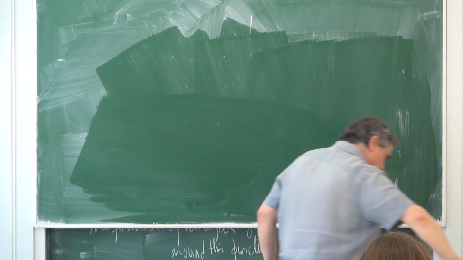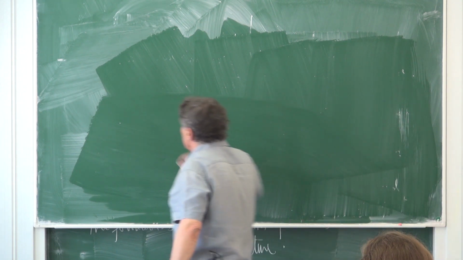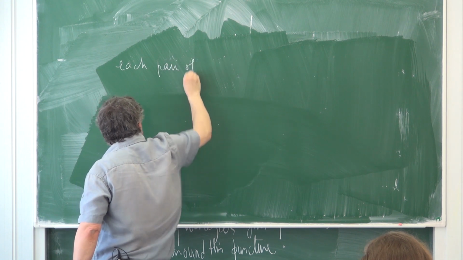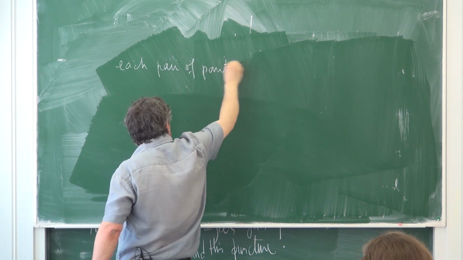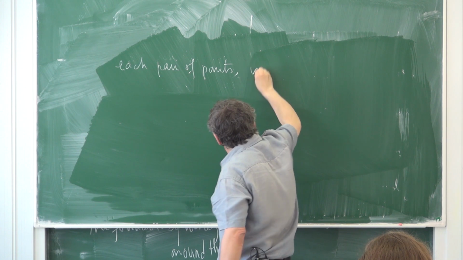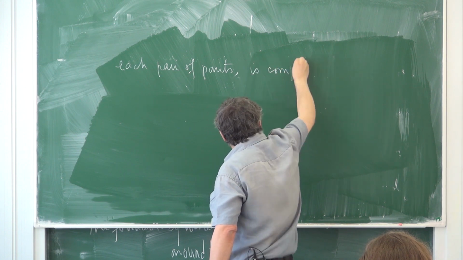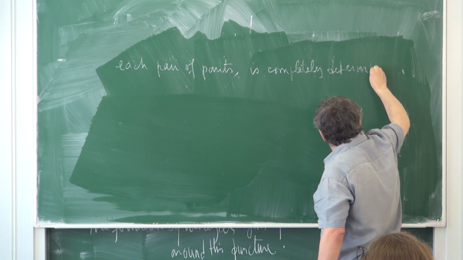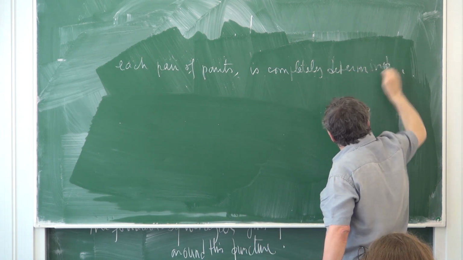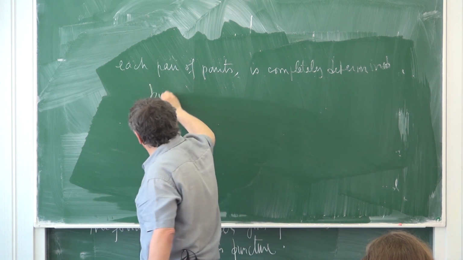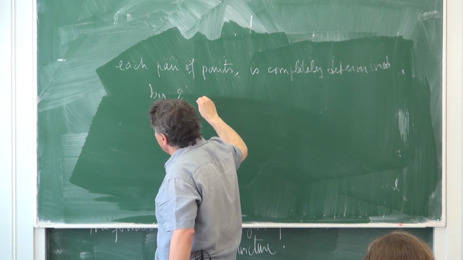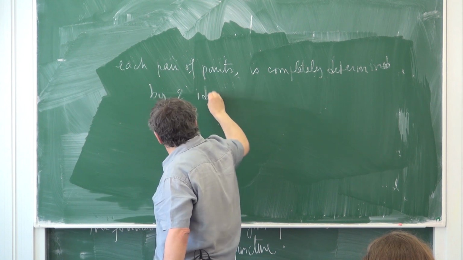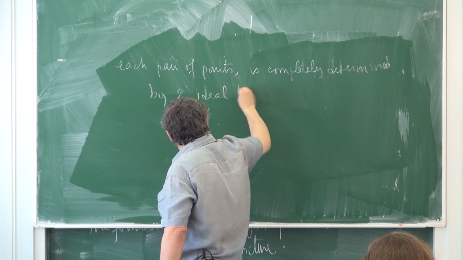And now we know that each pair of pants is completely determined by the gluing of two ideal triangles.